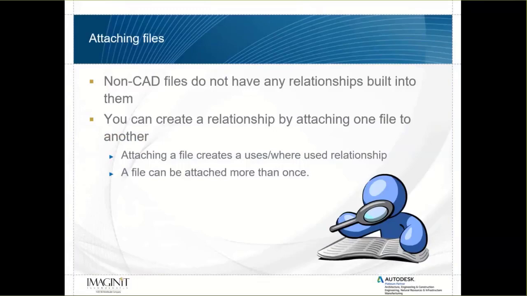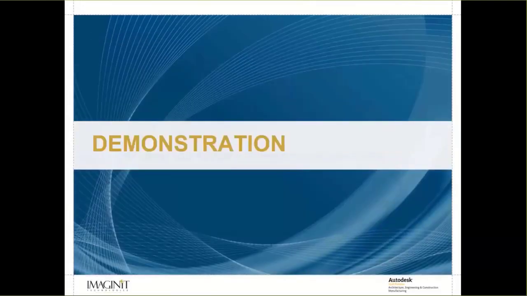How do I make sure that I can create some relationships to understand how things are linked together or how things are correlated together? Well, you can create a relationship inside a Vault Professional, call it an attachment, that will actually show up in your uses and where used tabs. And you just have to be careful how you set them up and how you turn them off. So what we're going to do next is we're going to do a demonstration on how that's performed.